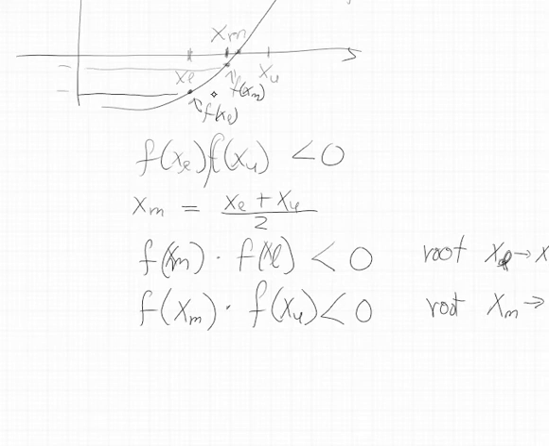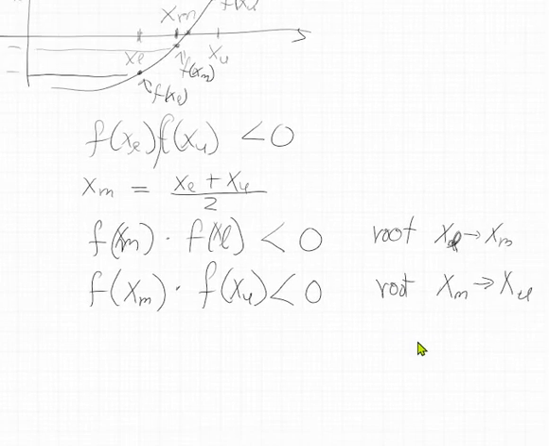Then we check the right interval, xm and xu. If you project f of xu to the y-axis, it is a positive value, and f of xm is a negative value. If you multiply them, it's negative. So the conclusion: the root is within xm to xu.